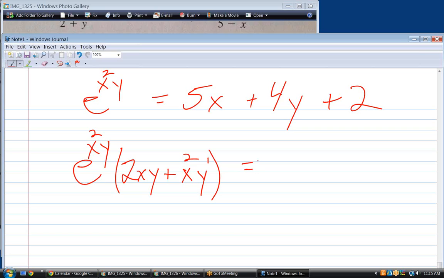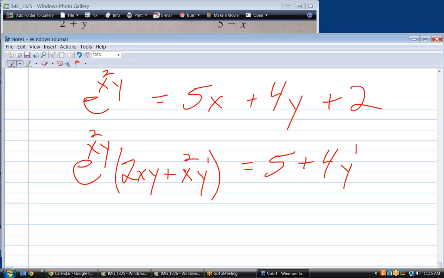And then differentiate the right side. 5, and then it would be 4 y prime. Next step: get y prime by itself.